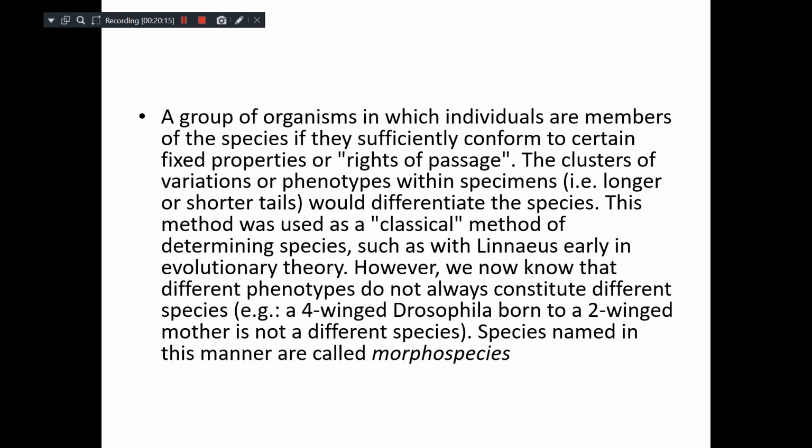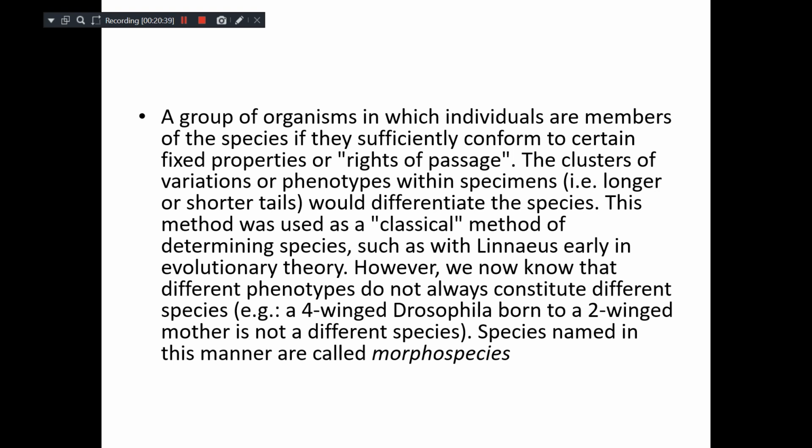Sometimes a four-winged Drosophila takes birth to a two-winged mother. In the offspring there are four wings, but the mother has only two wings. Morphologically, you can observe such drastic differences. Then how to classify them?